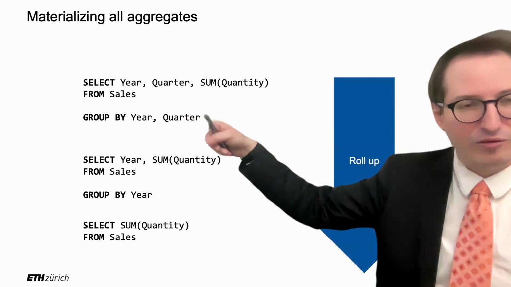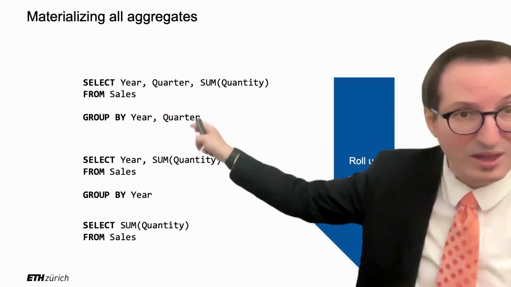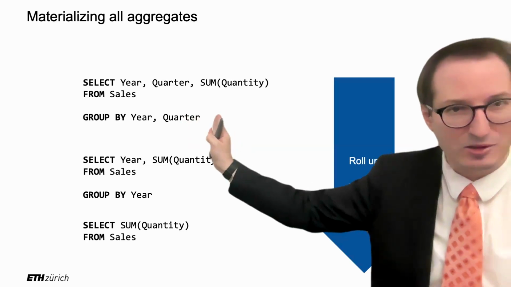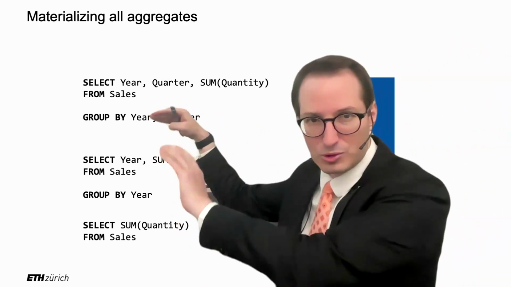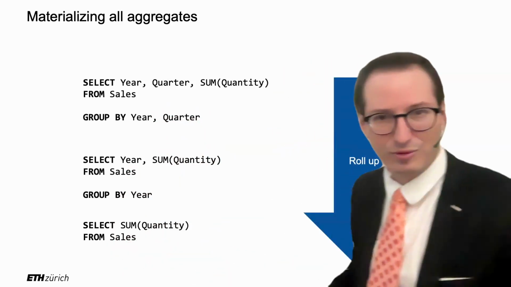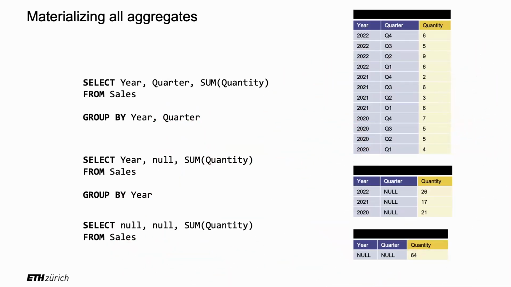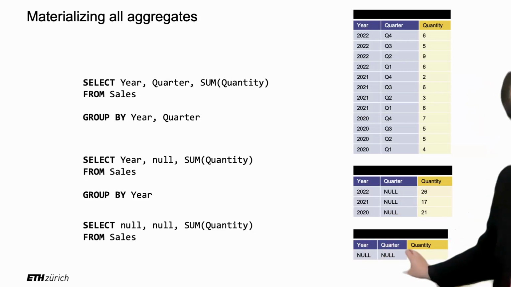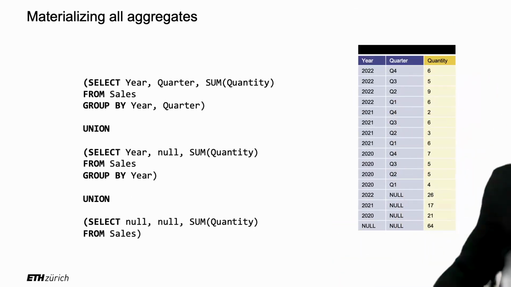Here, instead of being different dimensions, these are several levels within the same dimension. So that's the reason we just go from the right to the left, right? Quarter goes away, we have year, goes away, we have nothing, right? Then I can build these three tables, merge them, and again, I have my nulls, and so on. Take the union, then I have, again, the nulls that propagate from the right to the left.